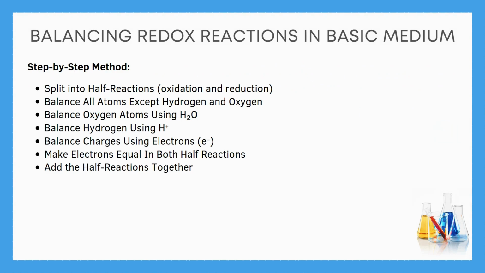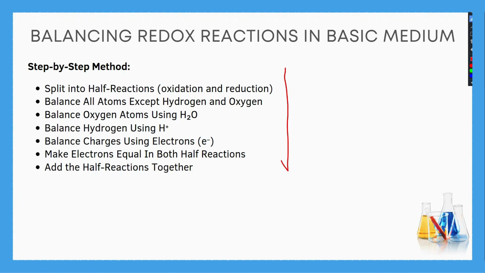Now, there are steps to take when you want to balance a redox reaction in basic medium. Here are the steps outlined. All these steps that you can see on the screen right now are the steps you take to balance a redox reaction in an acidic medium. You start by splitting the reaction into the two halves, the oxidation and the reduction.